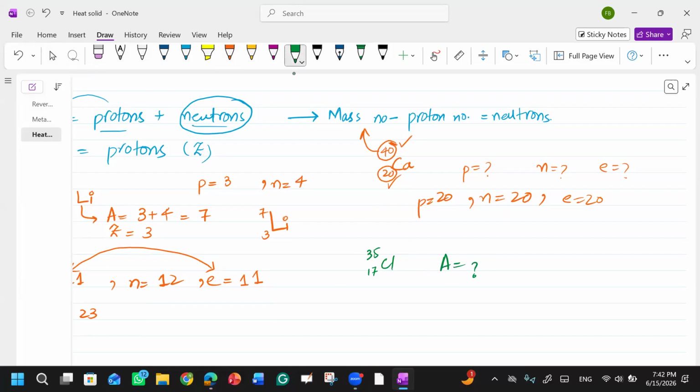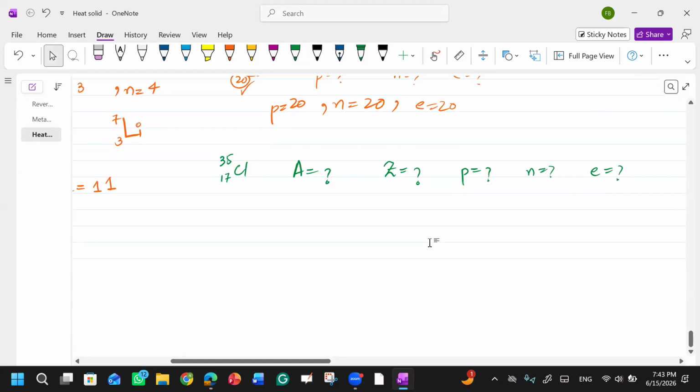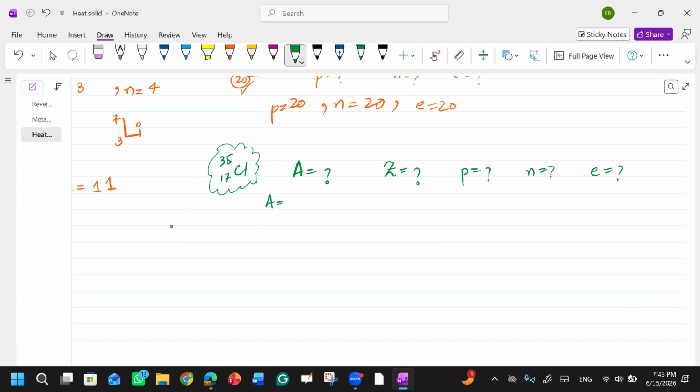Firstly you need to tell me the mass number, then the proton number. What is A for this chlorine? The atomic mass number will be 35.